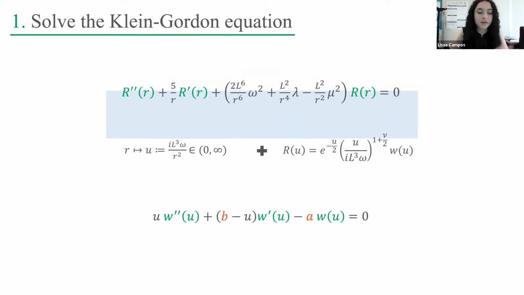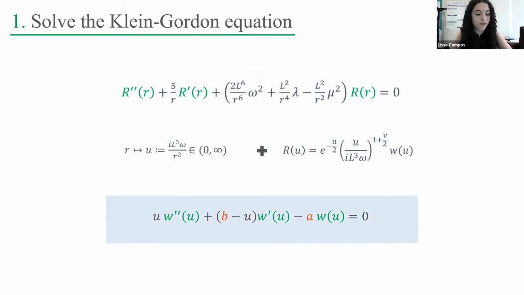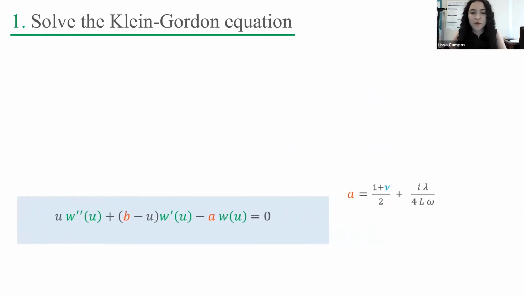So in the end, the Klein-Gordon equation gives us a confluent hypergeometric equation with parameters a and b that depend on this auxiliary parameter nu, which depends on the effective mass. Depending on the effective mass, we can have different boundary conditions.